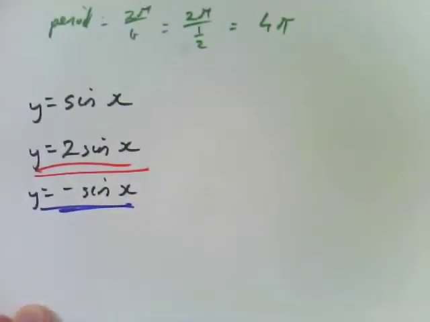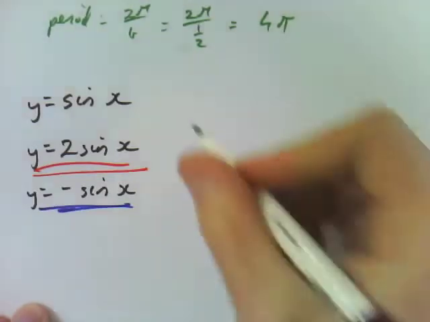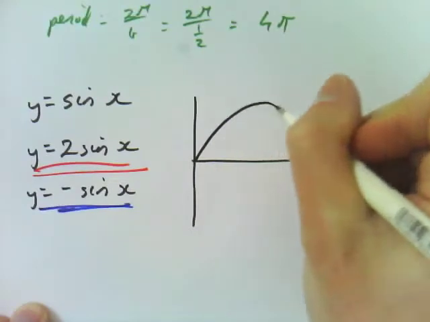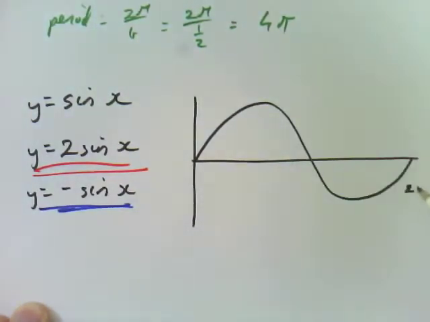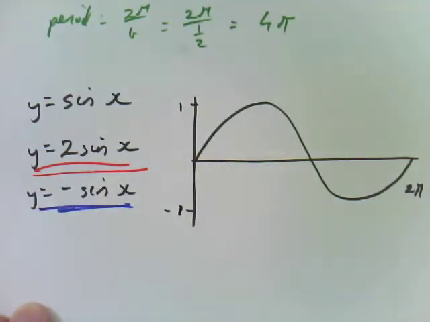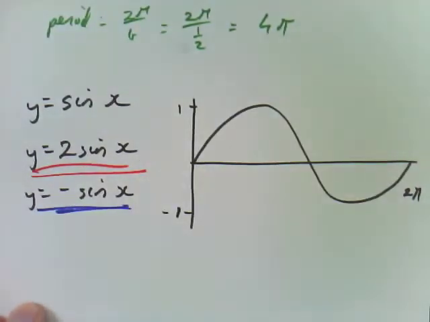Okay, so if I draw a graph again, my standard graph, that's 2 pi, that's 1, that's -1. So 2 sine x, which is supposed to be in red, is going to come down here to -2 and up here to +2.